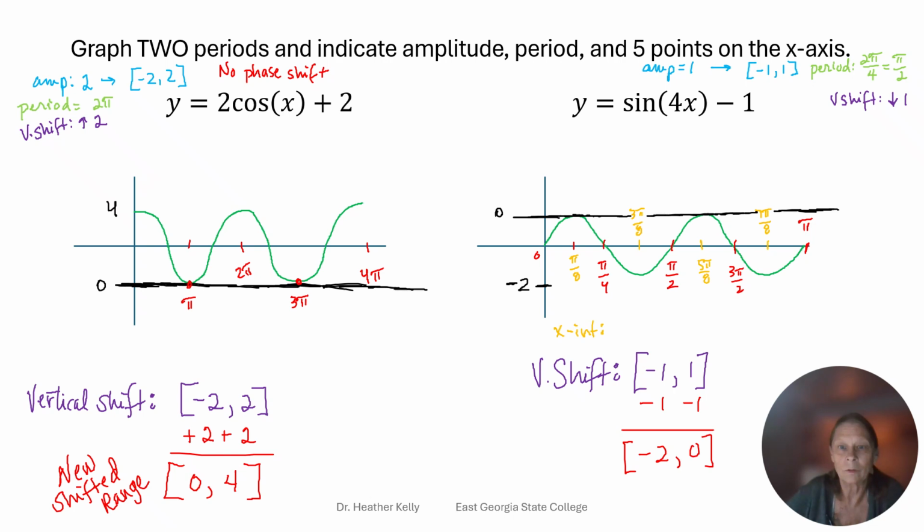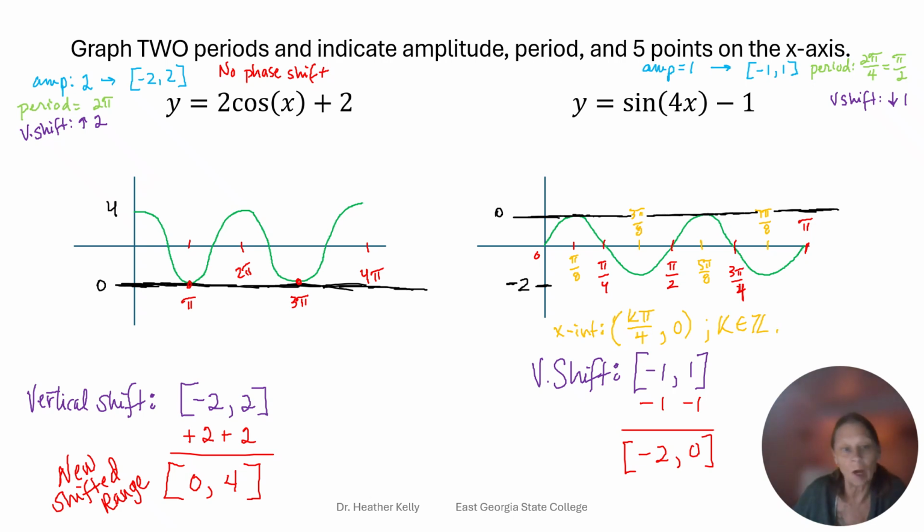Oh, it's because that's the 3 pi over 4. You guys might have been screaming from the void on that too. That's a 3 pi over 4. Now we got it. Okay, so the x-intercepts appear to be 1 pi over 4, 2 pi over 4, 3 pi over 4, 4 pi over 4. The x-intercepts are all the multiples of pi over 4, k an element of the integers.